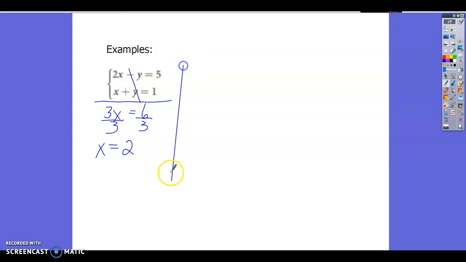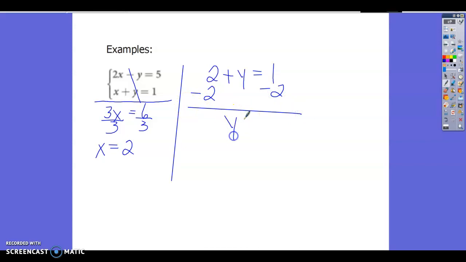If I look at the second equation, I can just substitute: 2 plus y equals 1. I'm going to subtract 2 from both sides. y equals negative 1. So my ordered pair, or my solution, would be (2, negative 1).